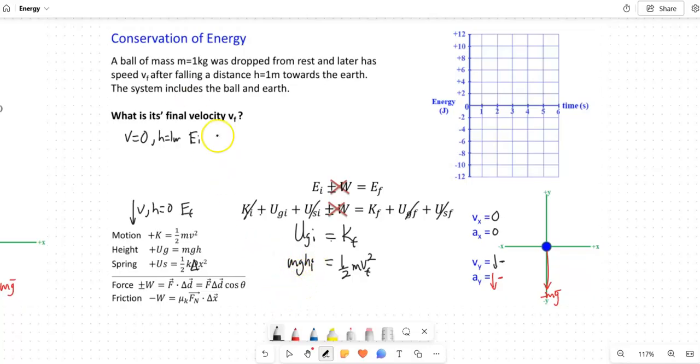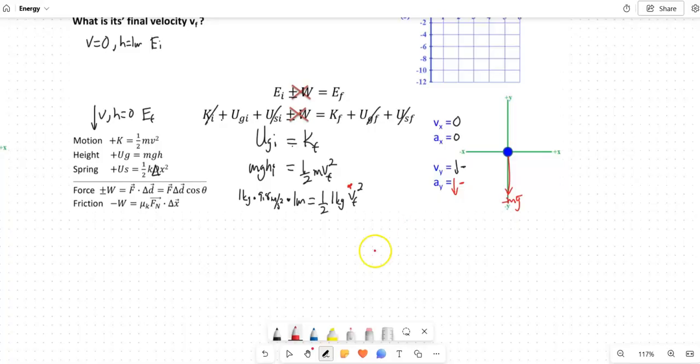So the initial, the mass is 1 kilogram. Gravity is 9.8 meters per second squared, and the initial height is 1 meter. That's going to be equal to 1/2 times 1 kilogram times the final velocity squared, which is what we're trying to solve for. Okay, so I'm going to multiply this out, and I'm going to estimate this.